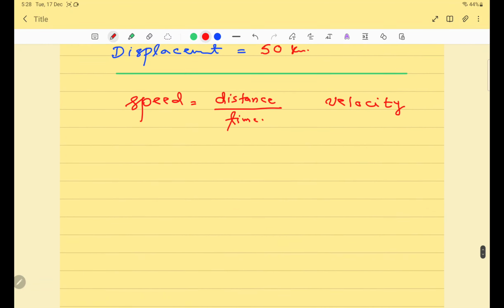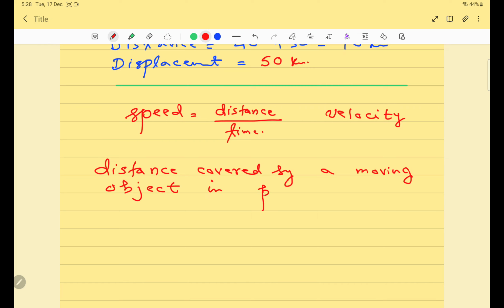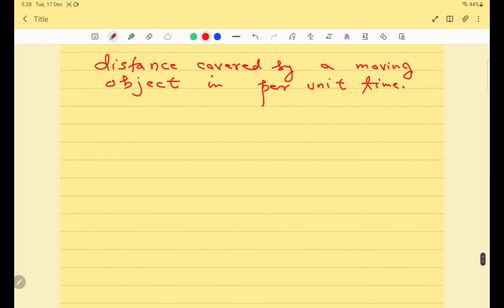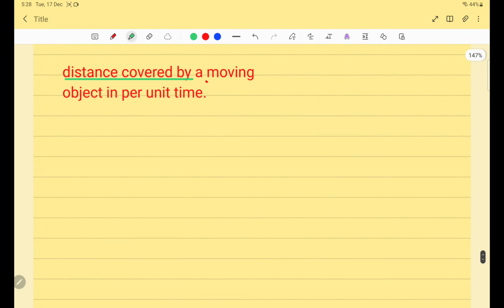So the definition is: the distance covered by a moving object per unit time. Distance per unit time is called speed.